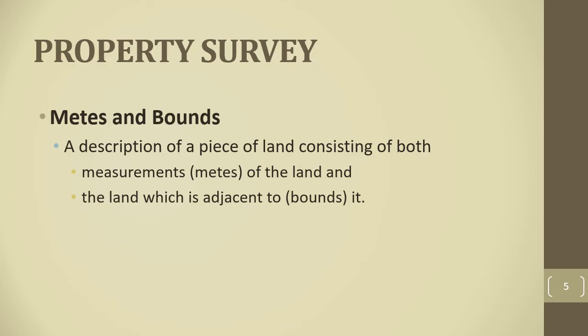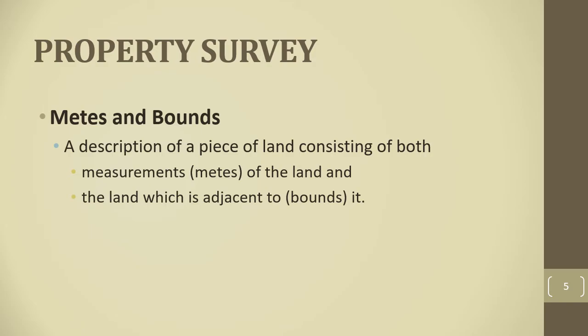The property survey is described in something called metes and bounds. And this description consists of measurements, otherwise known as metes, and the land which is adjacent to it or which bounds it. The mete is a boundary.